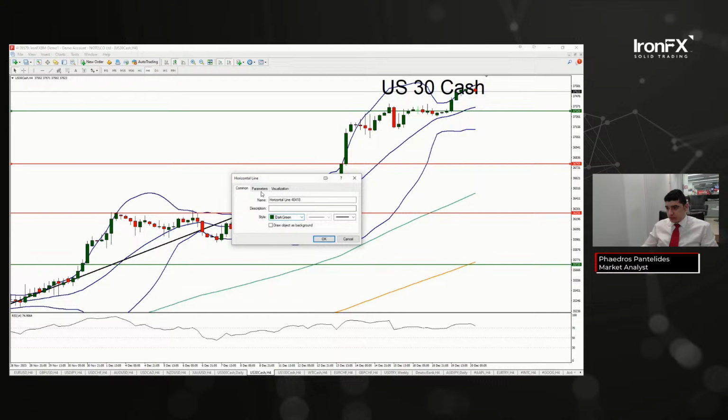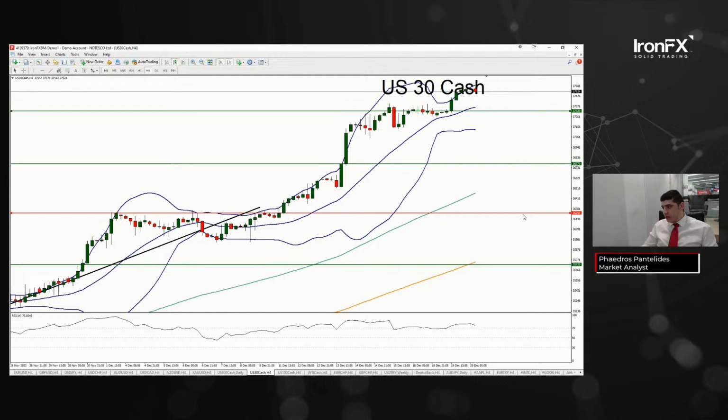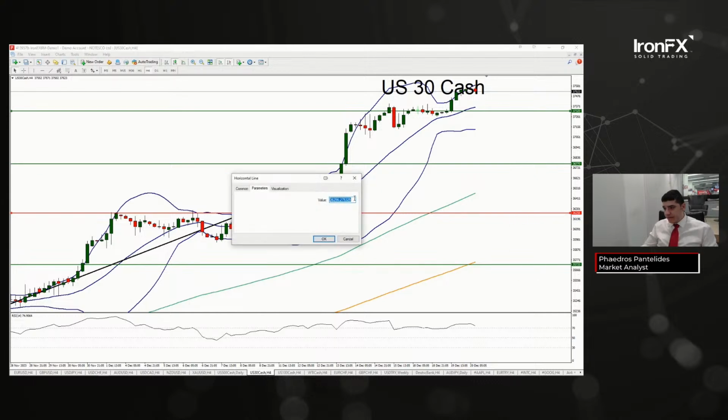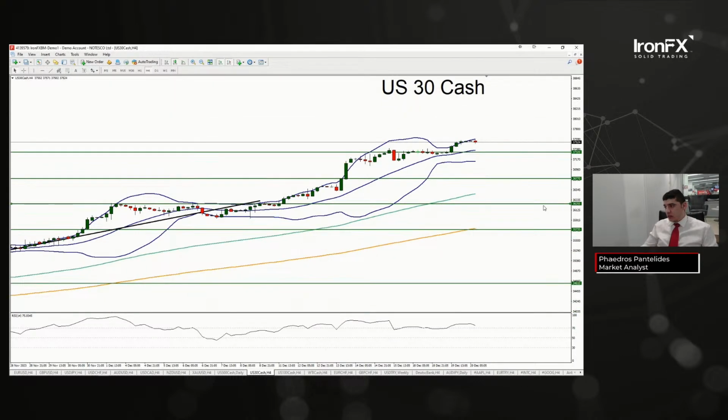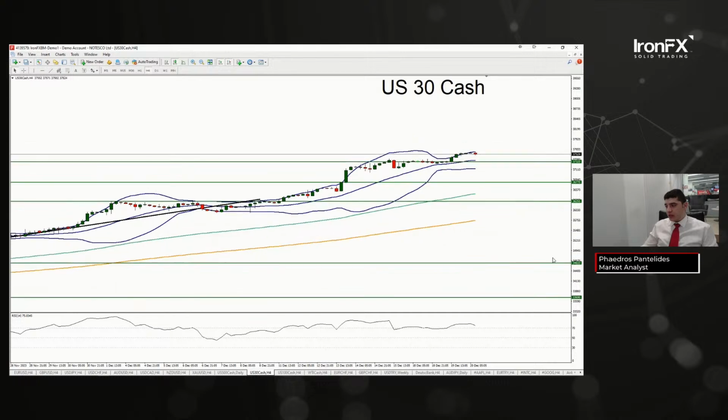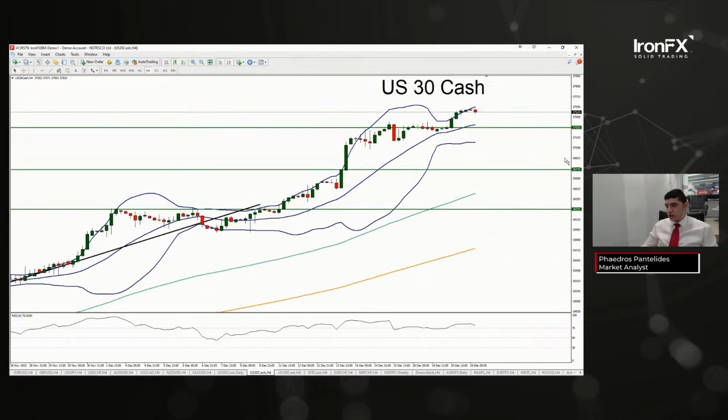S2, 36,770. 36,255 for S3, and we're going to be extrapolating the distance between our support levels and then reflecting them higher to find potential resistance levels for the Dow Jones 30.